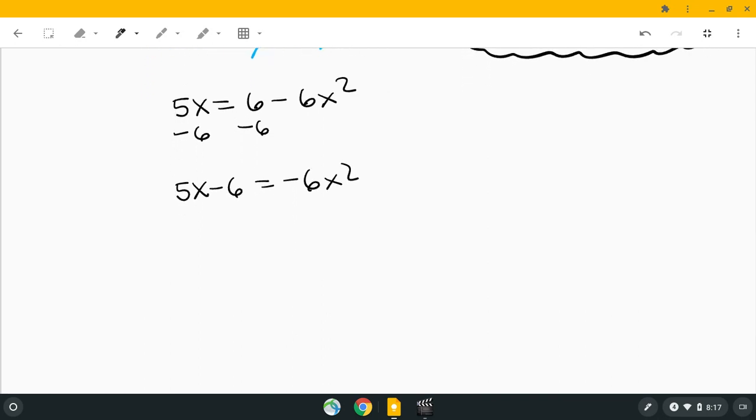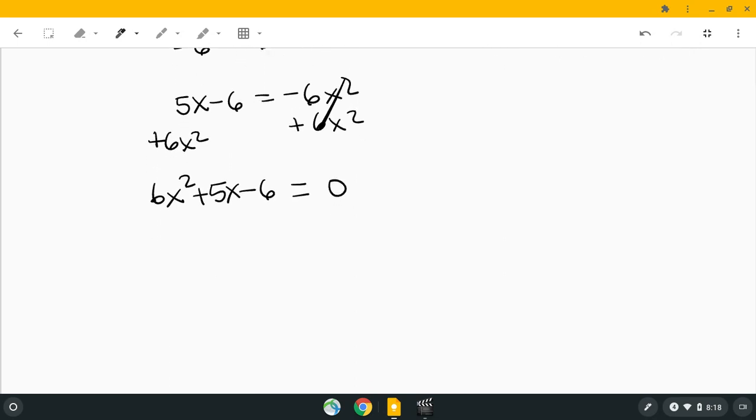All right, let me move this one. So I'll add 6x squared to both sides. That will get me my 0. I'm going to put it in order. So 6x squared goes first, 5x goes next, negative 6 goes last. All right, and then we factor this.